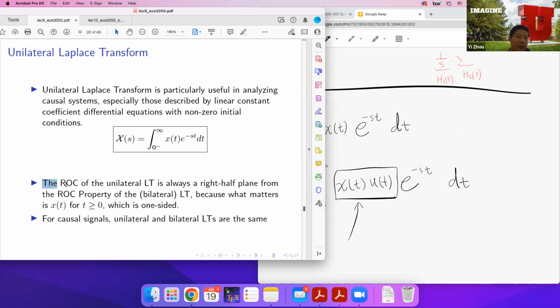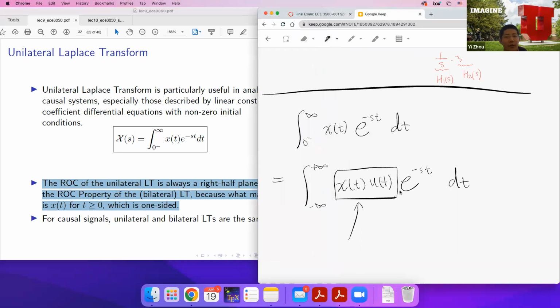So this is the first property of the unilateral Laplace transform. We always have a right-sided ROC, because we are truncating the signal into a right-sided signal and then performing a standard Laplace transform.